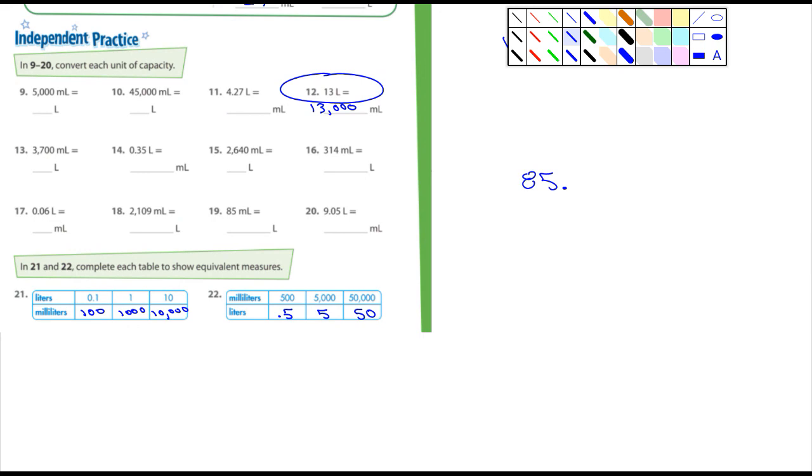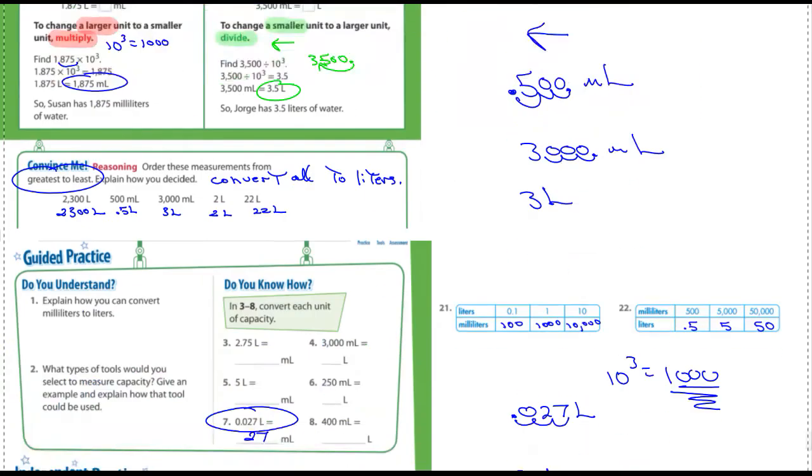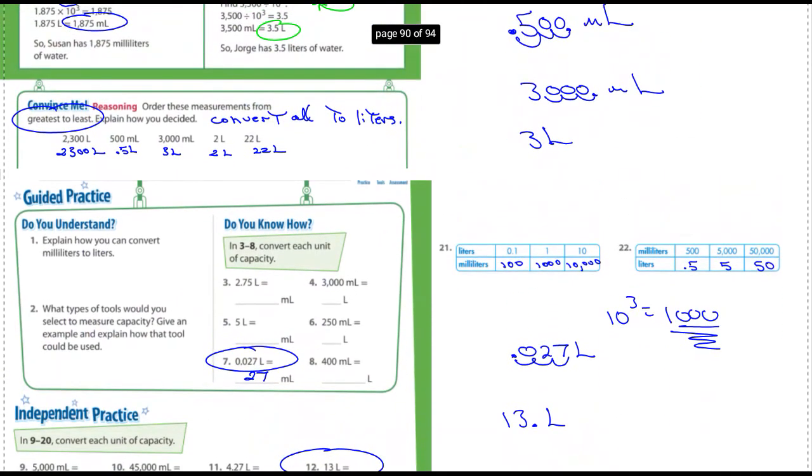It's right there. How many places are we moving the decimal? 3 places. 1, 2, 3. It looks like we're going to have to add a 0. So 85 milliliters is 0.085 liters.